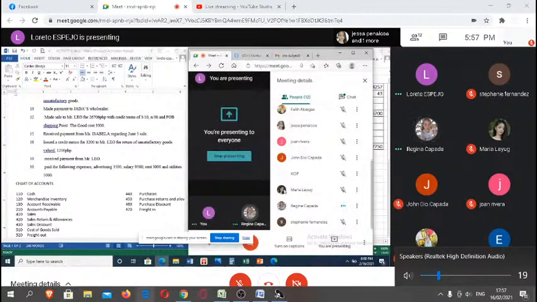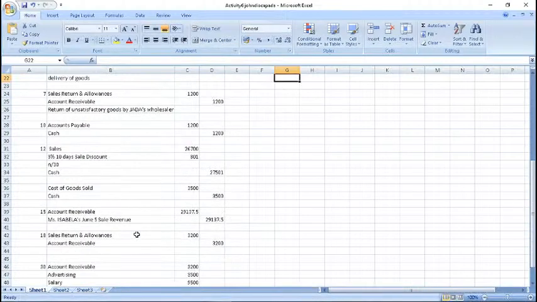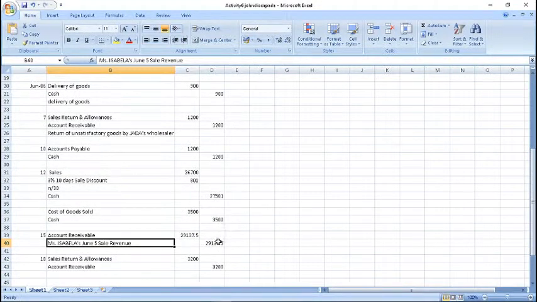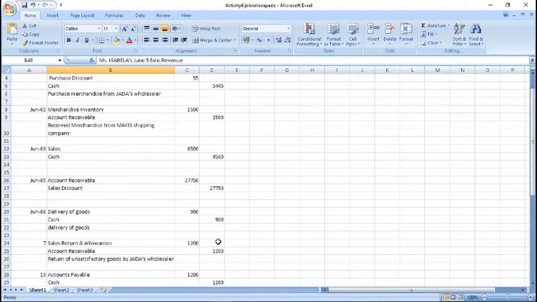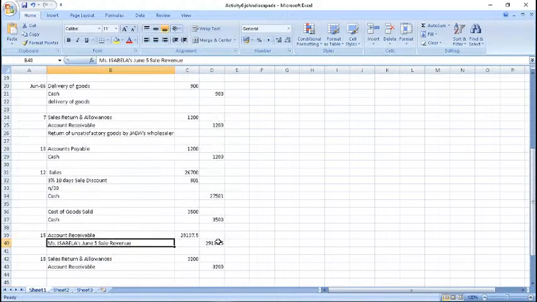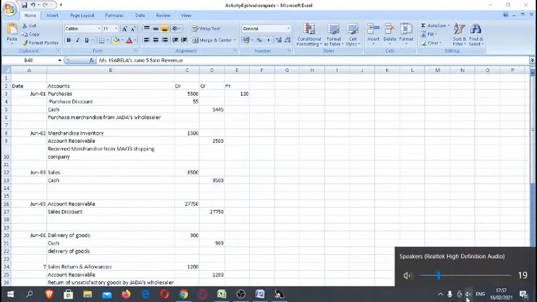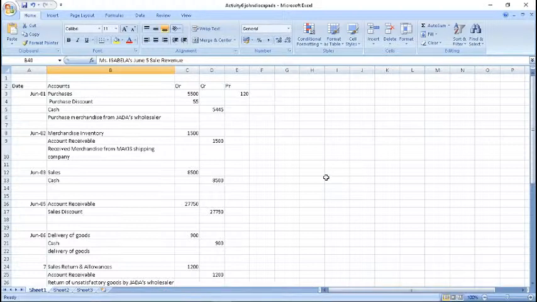Maria Isabella's June 5 sales revenue credit 29,137. Sige, i-check. Miss Regina, i-mute mo na kita kasi nag-echo. Ay, nakaano po kasi ko. Teka lang. I-mute muna kita, ha? Yun. Nakamute po muna.